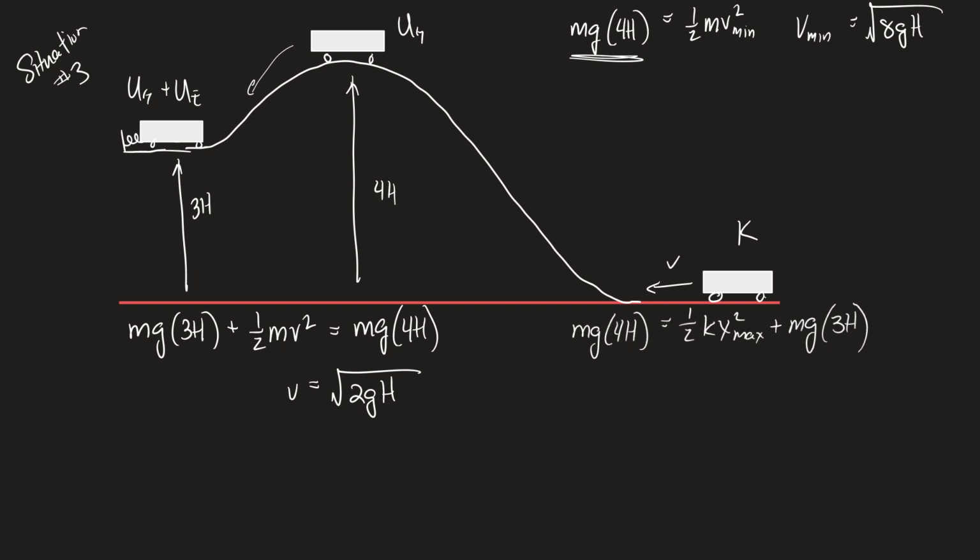So subtract the 3h from both sides, and I'll get mg times h equals 1/2 k x max squared. And multiply by 2 and divide by k, and get that x max equals the square root of 2mgh over k.